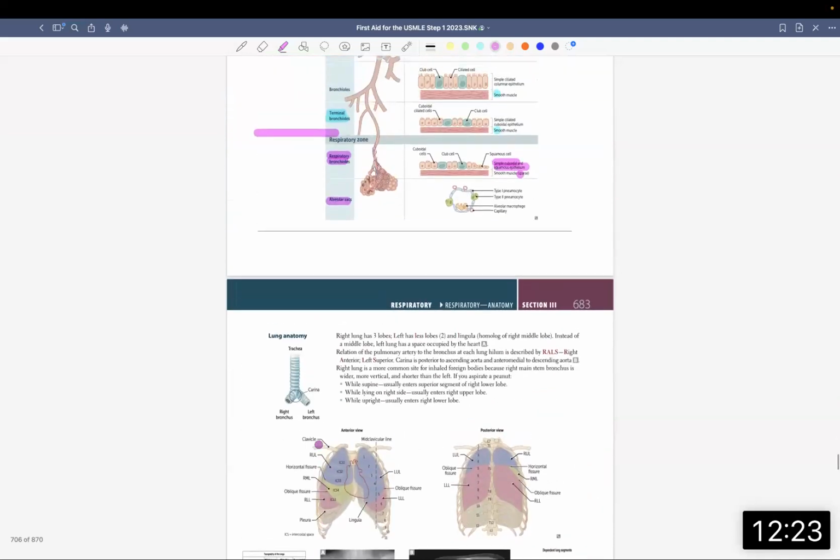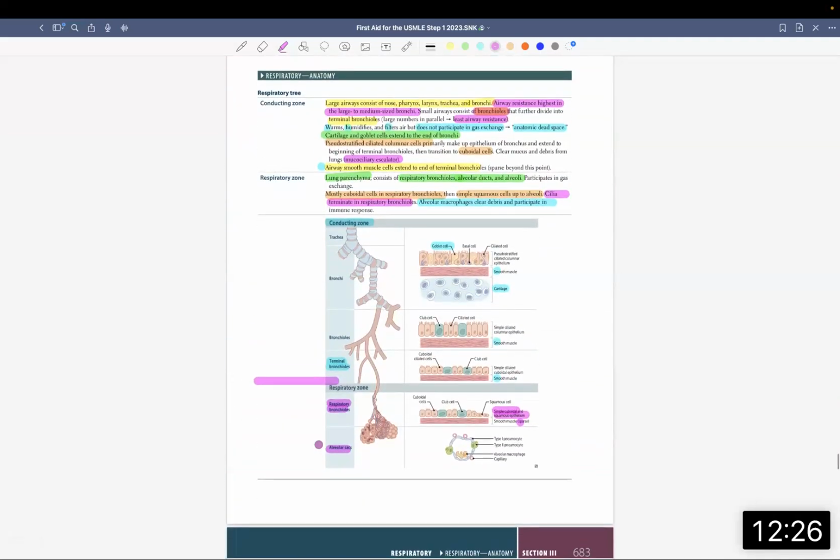And club cells and Clara cells are at the bronchiolar level, right? Yes, club and Clara cells are the same thing.